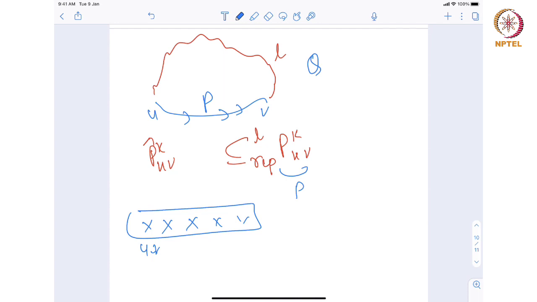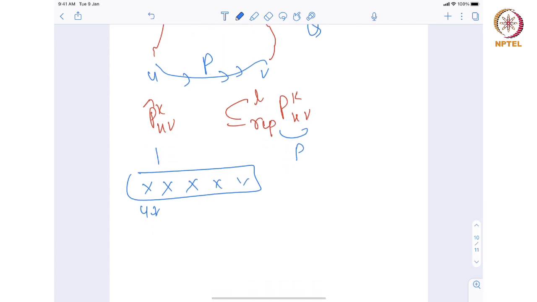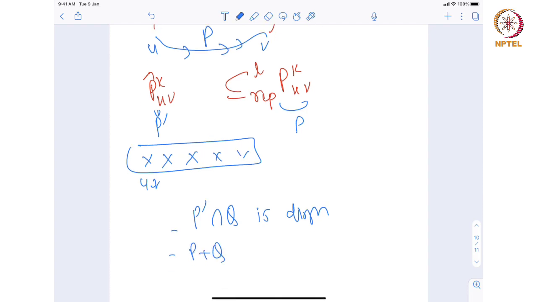Because of the representativeness, we would have found some P prime such that P prime and Q are disjoint, and P prime concatenated with Q gives us a cycle of length greater than or equal to k.